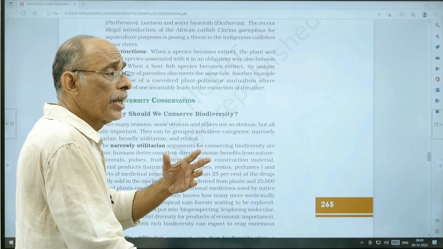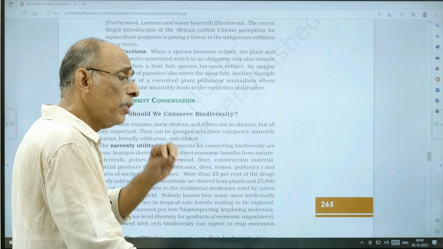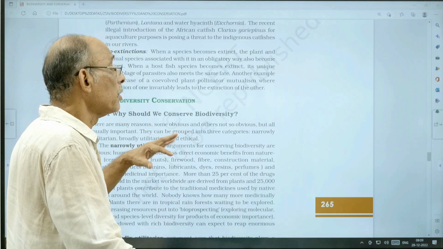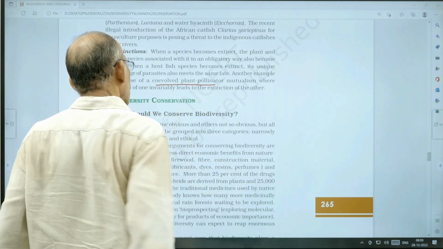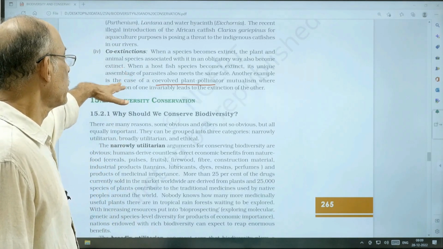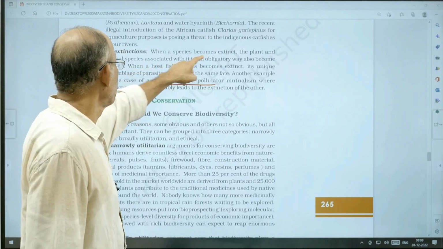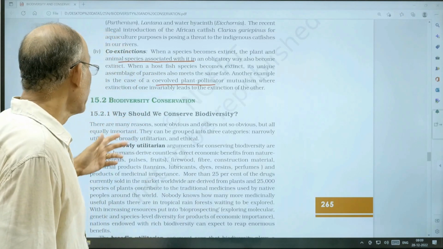It cannot lay eggs anywhere else, so it will also become extinct. If the moth is not there, no other insect can pollinate the yucca flower, so both of them will become extinct. So that is co-evolution, co-evolved plant-pollinator mutualism. When one species becomes extinct, the plant and animal species associated with it also become extinct.